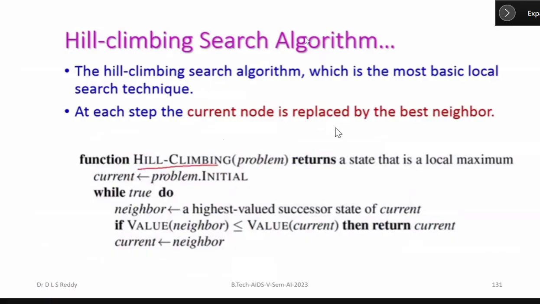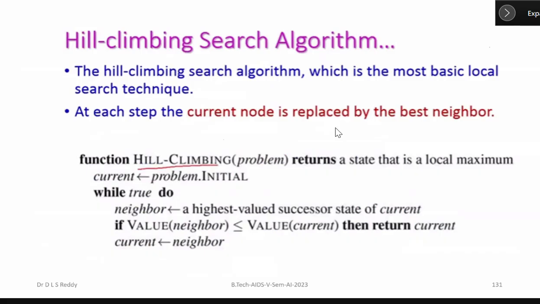Hill climbing search is the most basic local search technique. At each step, the current node is replaced by the best neighbor. When you are climbing a hill, your next step will always be higher than your previous state, so you'll be moving to the highest level.